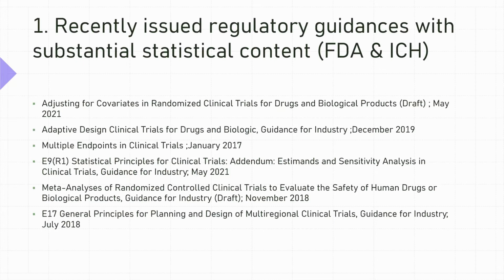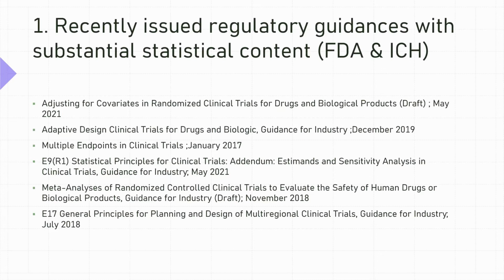They include, for example, adjusting for covariates in randomized clinical trials, adaptive design clinical trials for drugs and biologics, multiple endpoints in clinical trials, an updated E9 statistical principles for clinical trials that included estimands and sensitivity analysis in clinical trials, meta-analysis of randomized controlled clinical trials to evaluate the safety of human drugs, and E17 general principles.